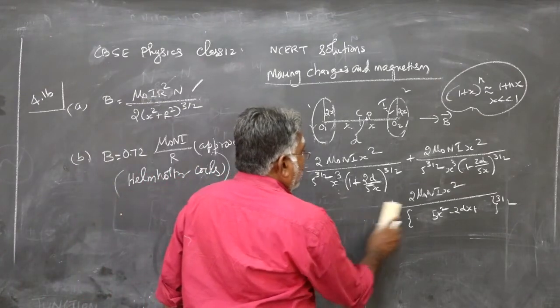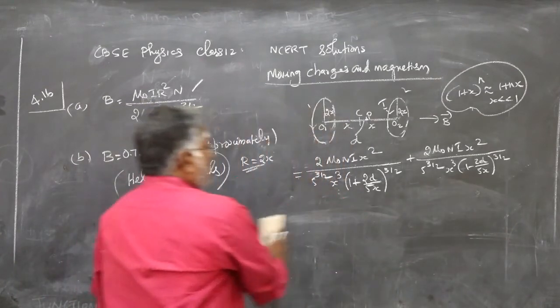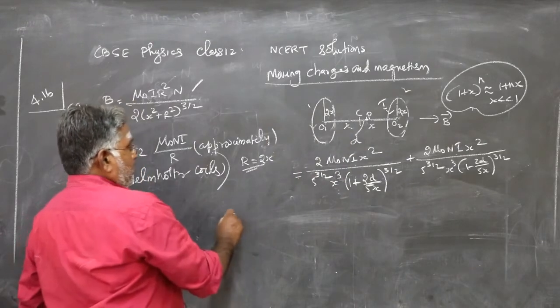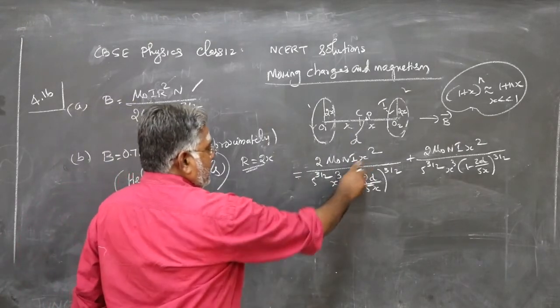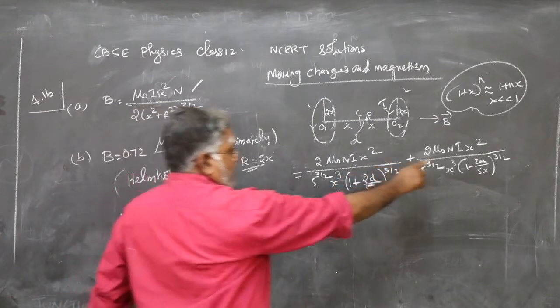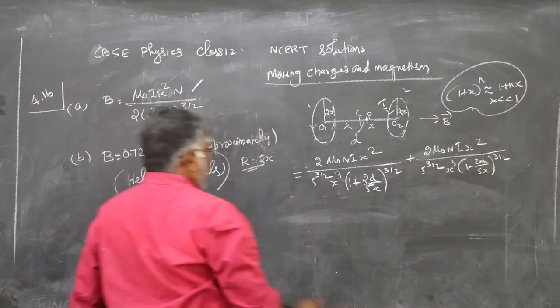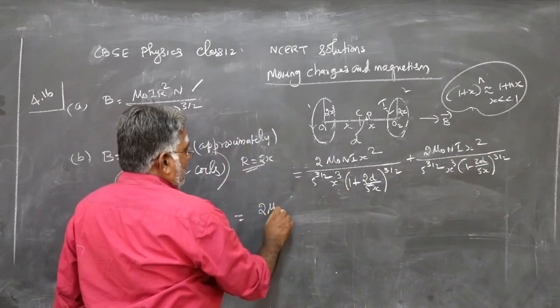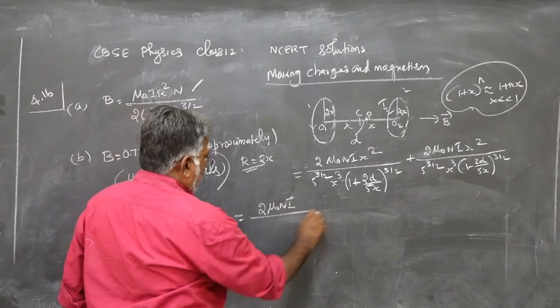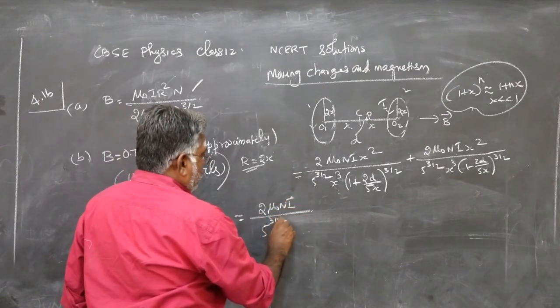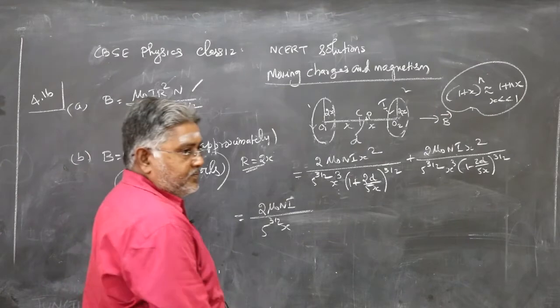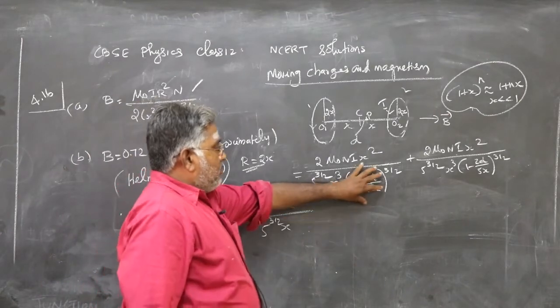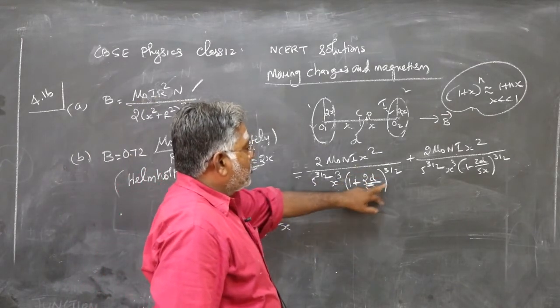So I continue. X square, x cube. So 2 mu naught ni by 5 power 3 by 2x, this 1 plus 2d by 5x whole power 3 by 2, no?